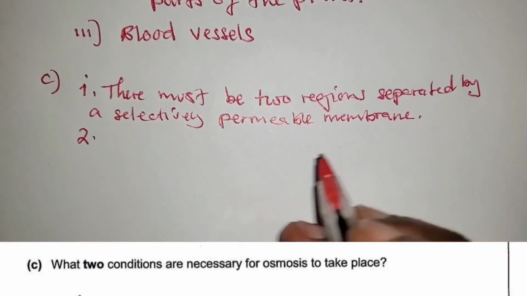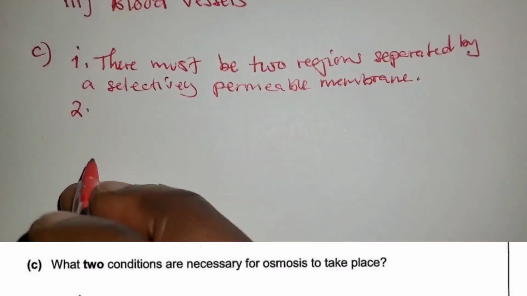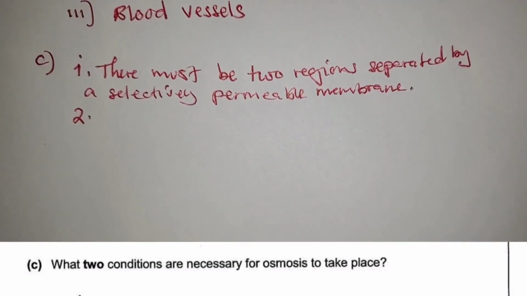Okay, selective permeable membrane. Number two is that there must be difference in concentration.